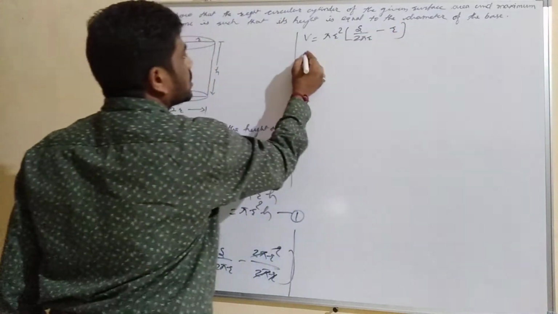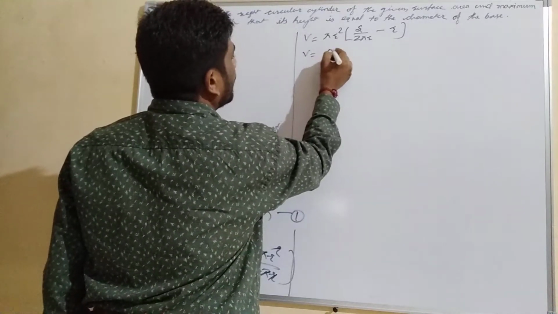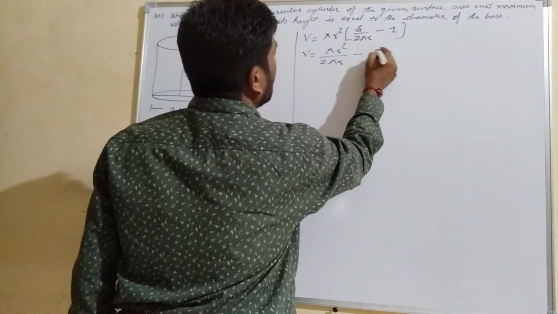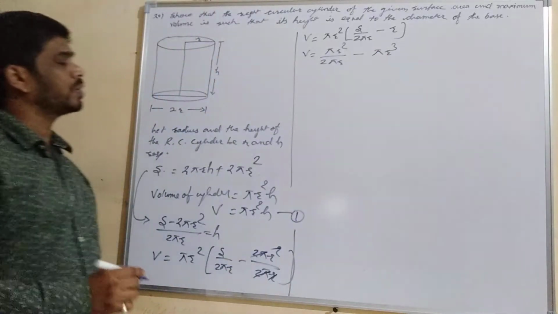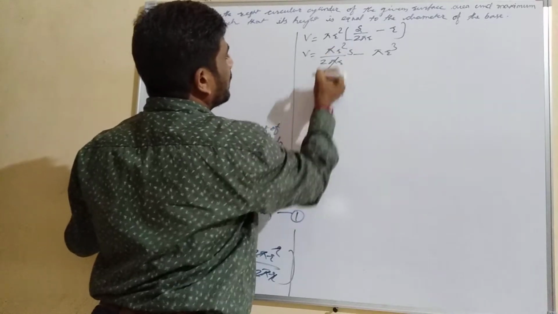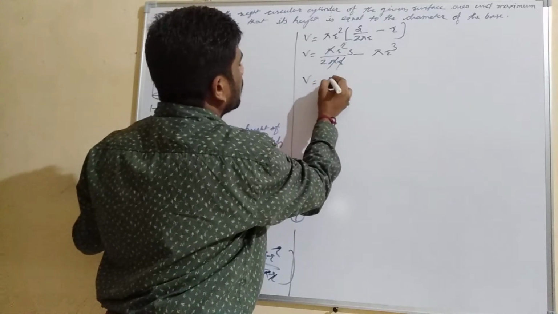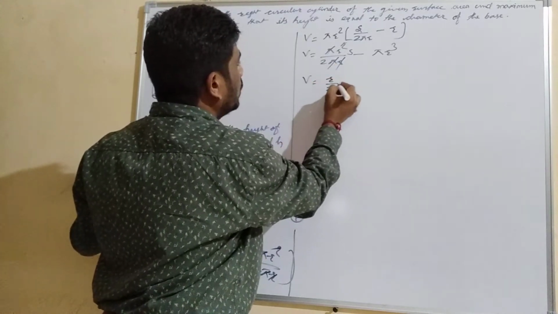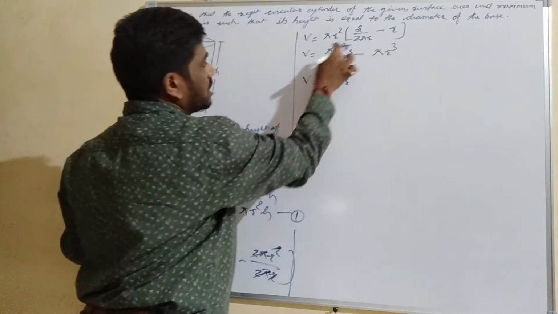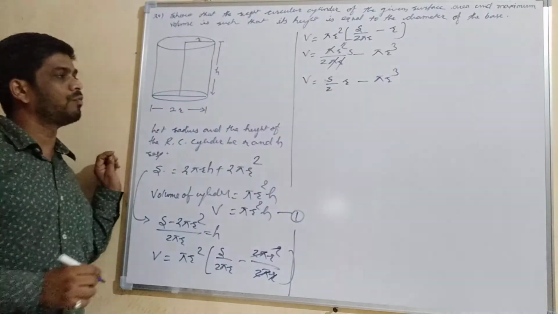We can multiply even this. So V equal to pi r square s upon 2 pi r minus pi r cube. So pi will be cancelled, r will be also cancelled. Finally we got V equal to s upon 2 into r minus pi r cube. That will be easy for differentiation.